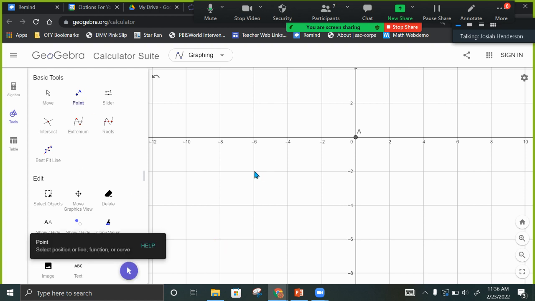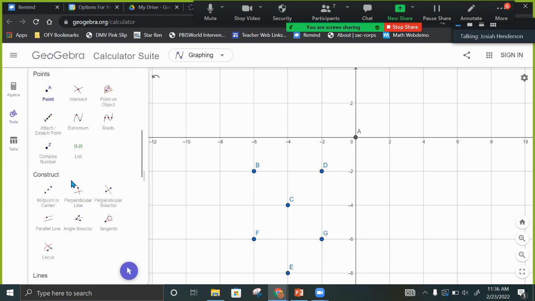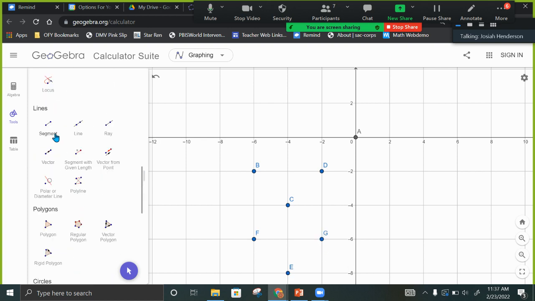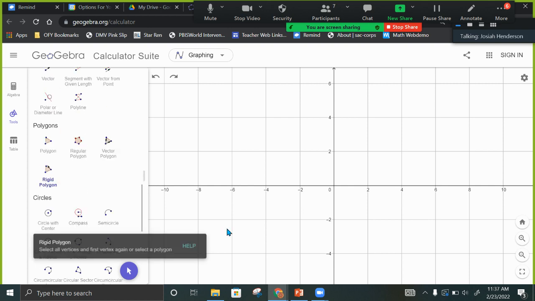So let's make... hang on. Guess I should have just made a triangle, but you'll see what I'm doing in a sec. Make this fancy. Hang on. Here we go, rigid polygon.